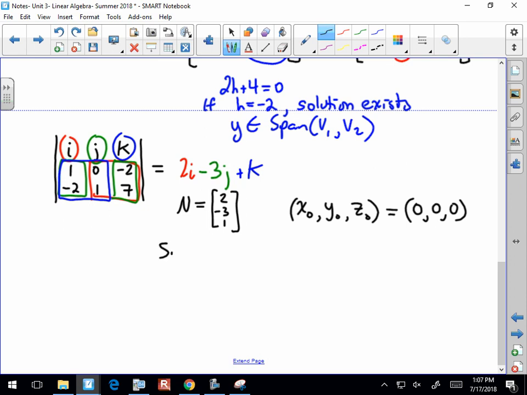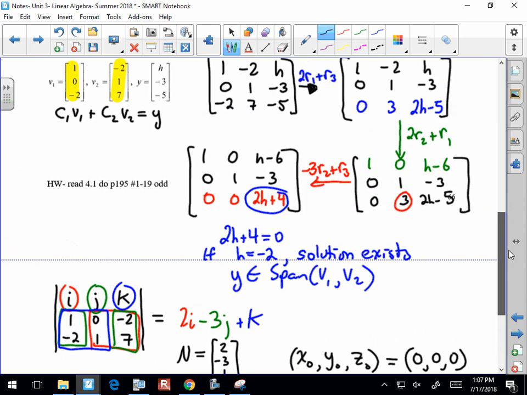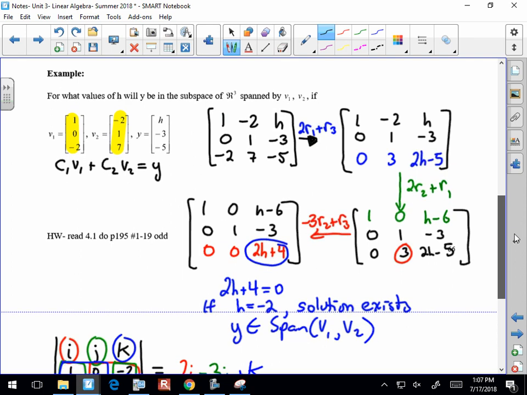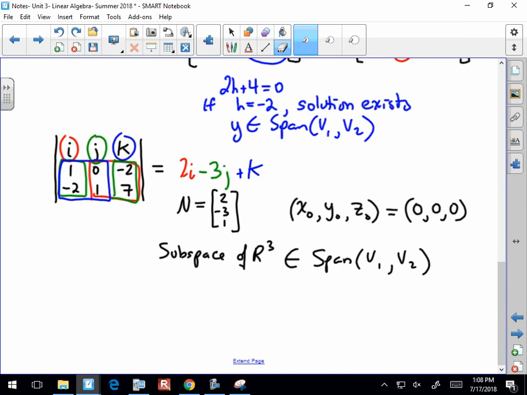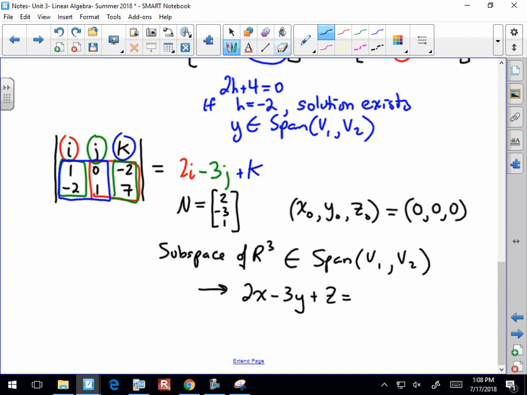So the subspace of R3 that they were referencing up here, because it's spanned by these two vectors in 3 dimensions, again, it belongs to the span of V1 and V2. But specifically, it's going to be equal by definition. Let's not get too fancy, I don't know if it's by definition. 2x minus 3y plus z equals 0.